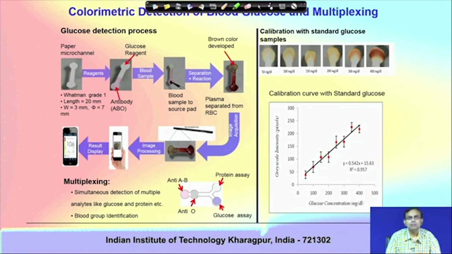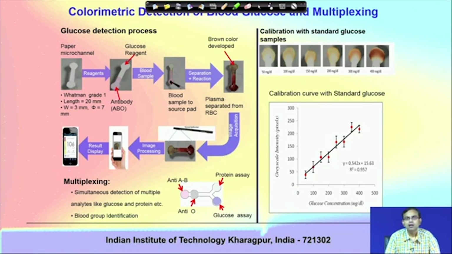Now, this color has to be analyzed, so there is image processing and a result display. You can see in the right hand view graph the colored image for various concentrations of blood glucose, starting from 50 milligram per deciliter to 400 milligram per deciliter. 50 milligram per deciliter is quite a low value of blood glucose and 400 milligram per deciliter is substantially high, right.